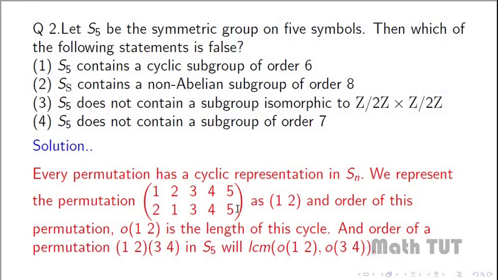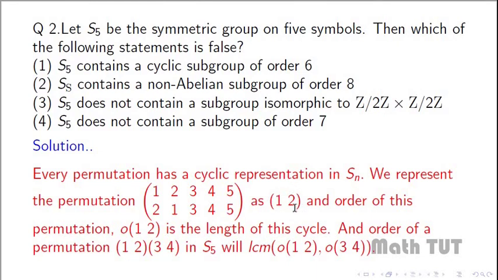For example, in S5, consider the function where 1 is mapped to 2, 2 is mapped to 1, 3 to 3, 4 to 4, and 5 to 5. This is an element in S5, represented in cyclic form as (1 2). When I write (1 2), it means that 1 goes to 2 and 2 goes to 1, and the remaining are mapped to the same elements.